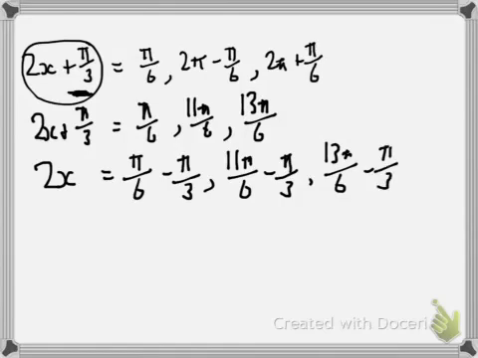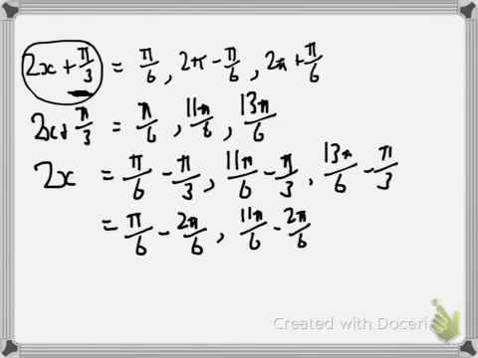Alrighty, I'll do the first one. Here we've got pi on 6. It's going to be minus 2 pi on 6. So I'm just converting all these pi on 3 terms to 2 pi on 6, so it makes it easier to subtract.